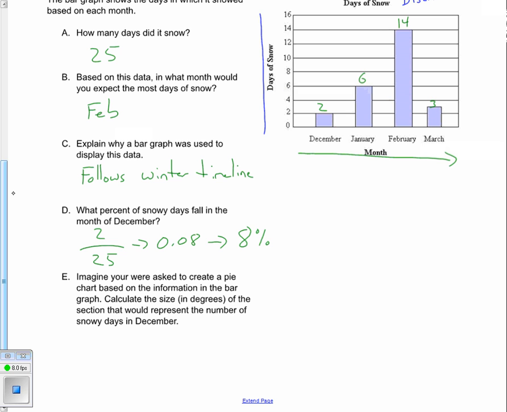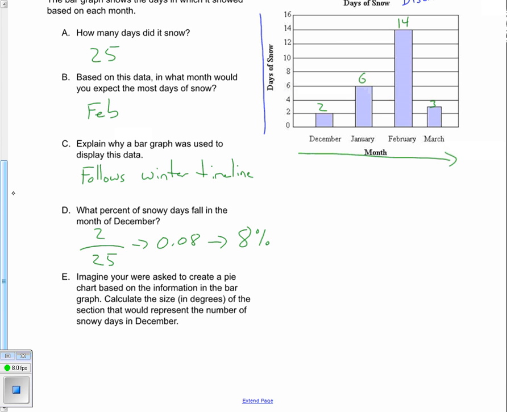If you want to continue on, you would be able to create a pie graph from this if you were asked to. What's important to know is that there's 8%. So imagine you're asked to create a pie chart based on the information in the bar graph.